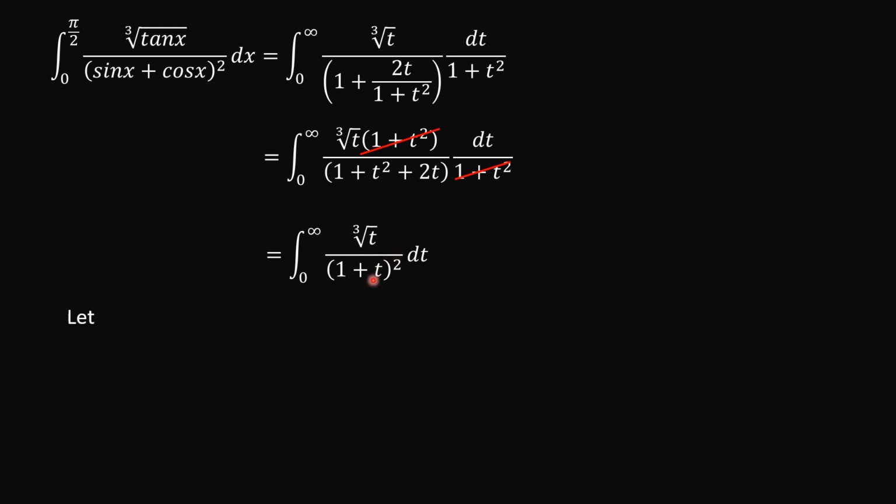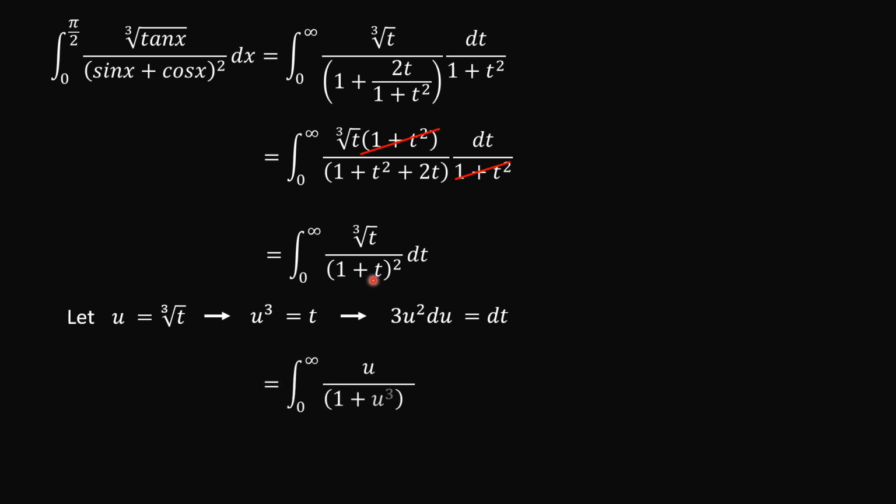Let u be equal to cube root of t, such that u cubed is equal to t, and then 3u squared du would be equal to dt. And so we would substitute for that, and obviously the limit would remain the same, 0 to infinity.